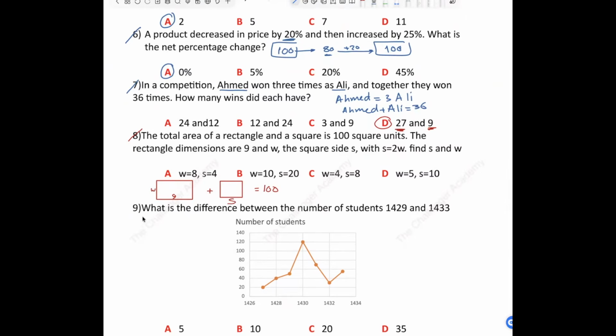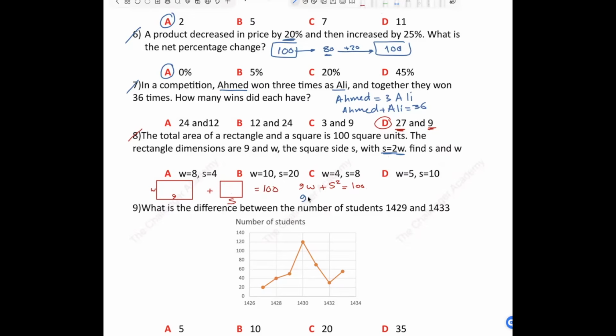And this is S. So we have W times 9, because the area of the rectangle is length times width, 9 times W, plus the area of the square, which is S squared. This equals 100. But we have the information that S equals twice W, so we can replace S with 2W.